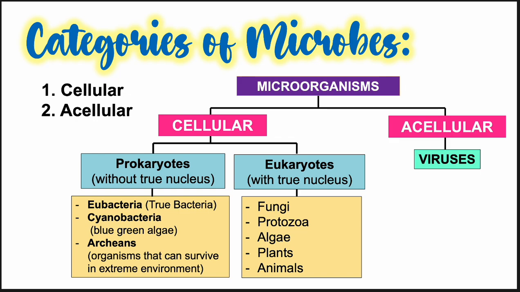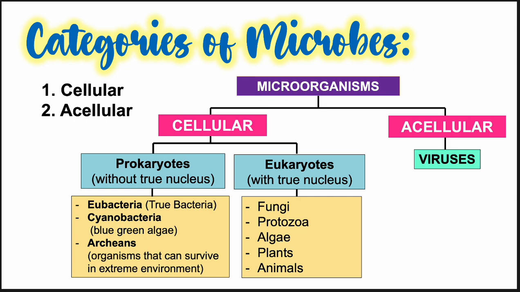We have another one, halophiles. These are microorganisms that can tolerate high salt concentration, meaning they can live in an environment wherein there is high salt concentration. And for archaeans, we also have methanogens.